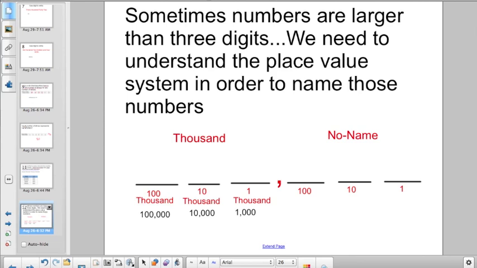Okay, now I'm moving into some stuff from lesson 7. So sometimes numbers are larger than 3 digits, because just on lesson 3 we learned about the first 3 places in place value, right? We learned about the ones and the tens and the hundreds. Now I always like to call these the no name group, because you don't say any name after them, you just say whatever the number is, right?